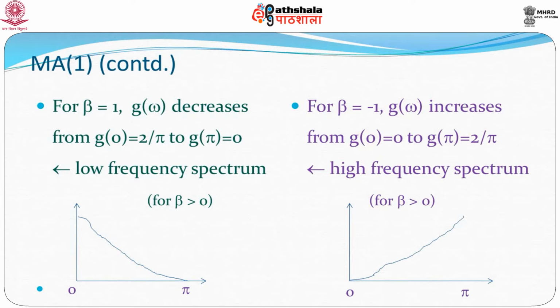That is, the underlying curves which primarily make this series are primarily of low frequency, whereas in the second case, most of the frequencies are high, towards the right hand side, that is towards pi. So, the ordinates are high in this case towards pi, and therefore the larger frequencies play a major role in explaining the underlying sequence when beta is equal to minus 1, and hence we call it a high frequency spectrum.